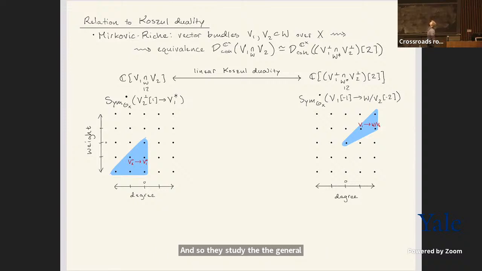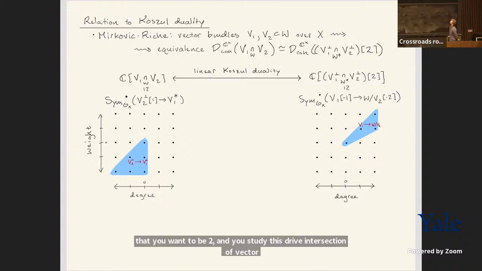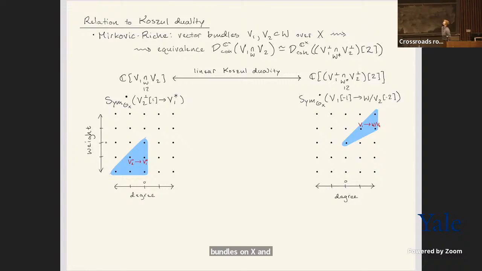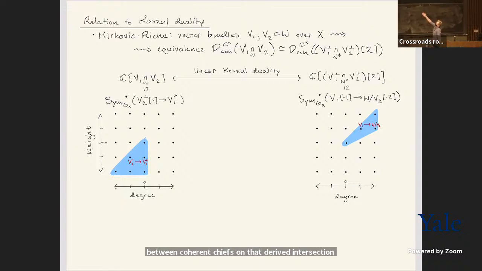So you have some algebro-geometric object, let's call it X. You have a vector bundle W over that, and you have a pair of subbundles V1 and V2. And you study this derived intersection of vector bundles on X. And linear causal duality is a duality between coherent sheaves on that derived intersection and on the natural dual derived intersection. So we can again take V1 perp and V2 perp.